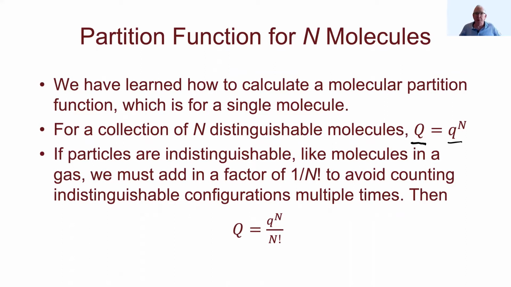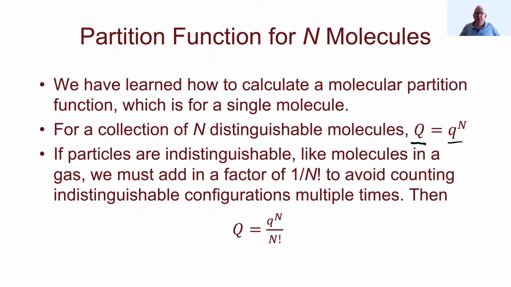When it says the molecules are distinguishable, that would be the case if, for example, we were talking about molecules arranged in a solid crystal, because in that case, each molecule could be given its own set of coordinates, right? Its own lattice point, and that would make it easy to tell them apart.